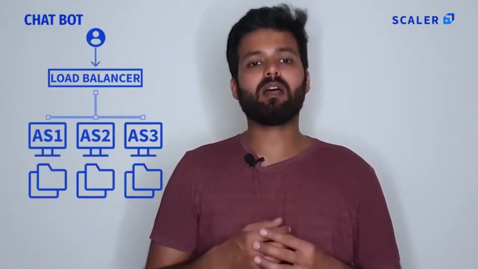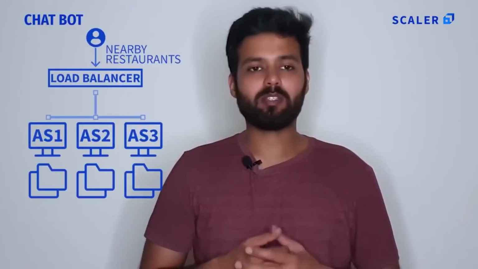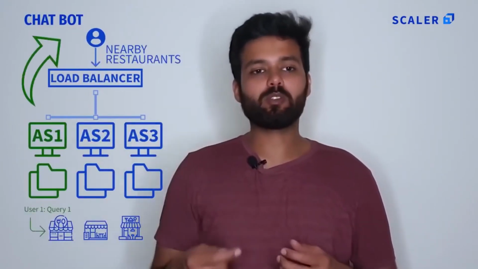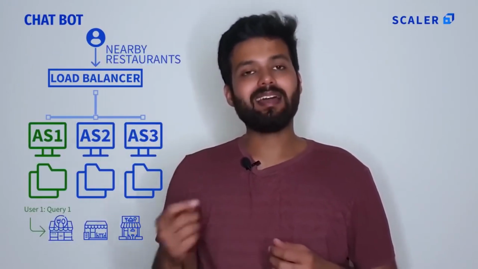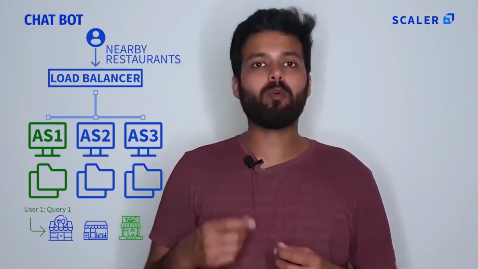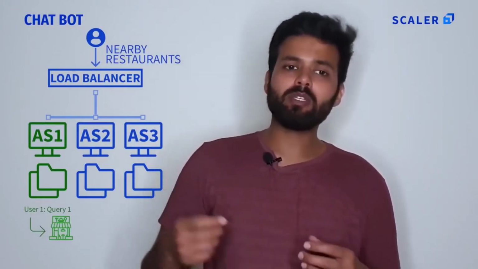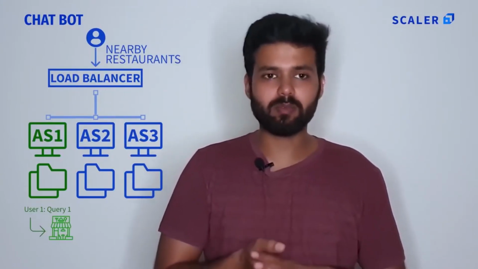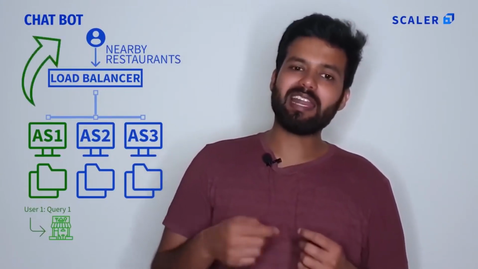Now let's consider another example. Let's say we are trying to build a chatbot this time and one user sends a query asking for restaurants that are nearby his location. The chatbot first saves this message in memory and then responds with a list of restaurants nearby. It then asks the same user to pick one restaurant out of the list. Now the user, let's say, chooses the third restaurant, and if this request goes to the same application server, it will be able to return relevant information since it has context about the previous chat history.